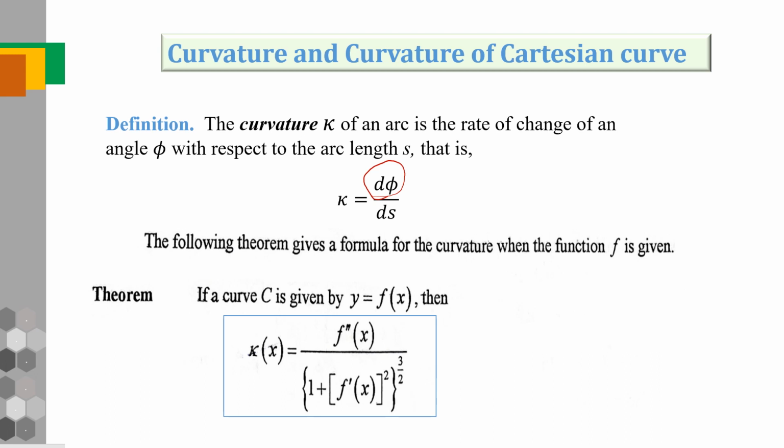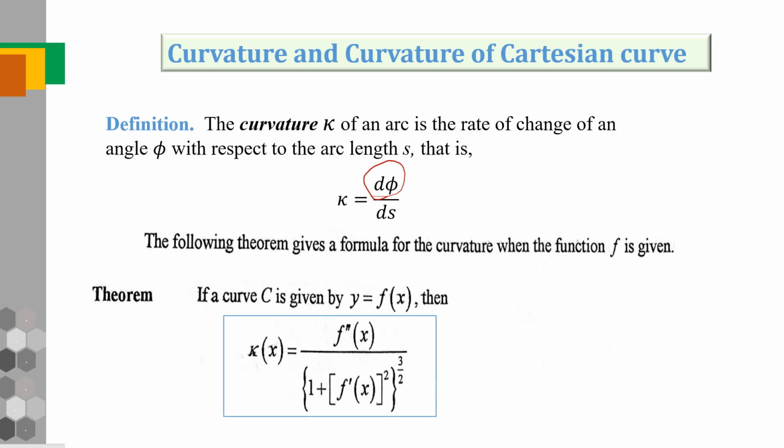Okay, so if we have this given function y equals f of x, so we have y as a function of x, so the curvature is equal to the second derivative of f all over 1 plus the square of the first derivative, and the whole thing is raised to the 3 halves.